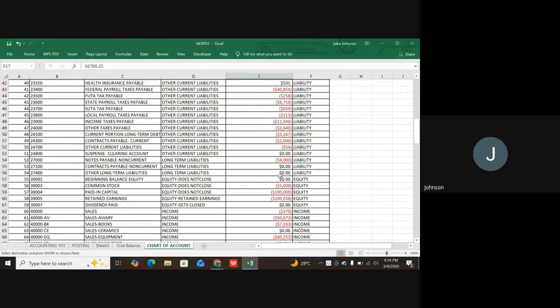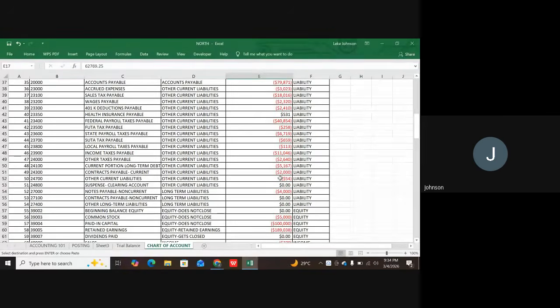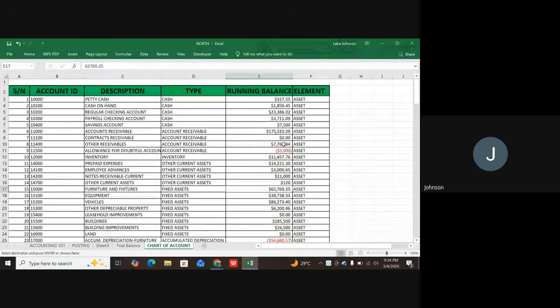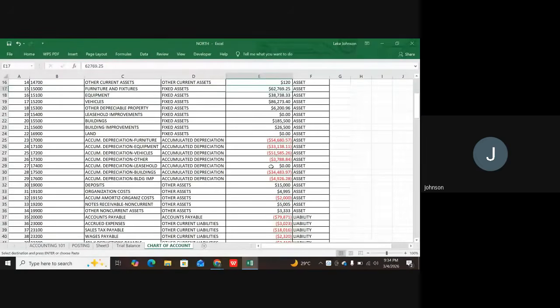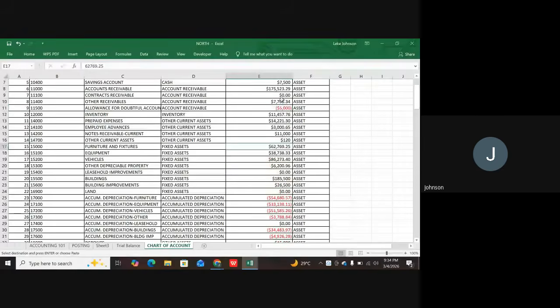So this is how it reports in your Sage or your QuickBooks or whatever you are posting into. You just know that you are posting, right? You know that this account you're debiting, this one you're crediting. But at the end of the day, when it lists all those things, this is how it normally records them. Some will be bracketed, while some will be positive.